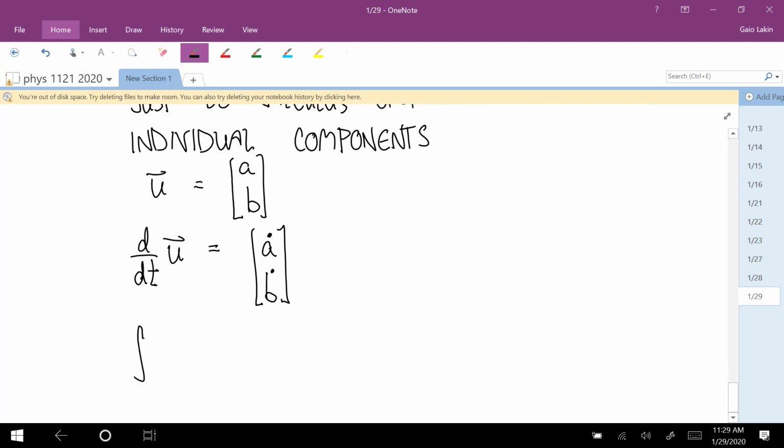Same idea for the integral. So the integral of u dt is just the integral of a dt for the x component and the integral of b dt for the y component.